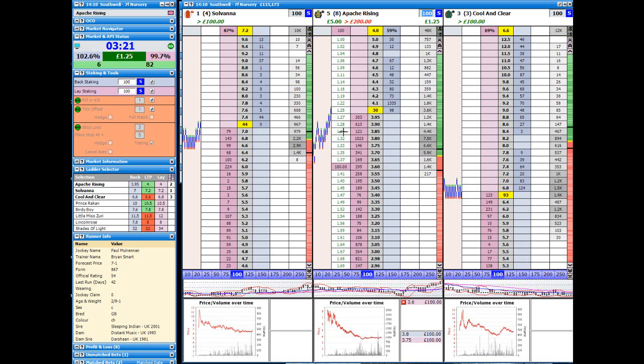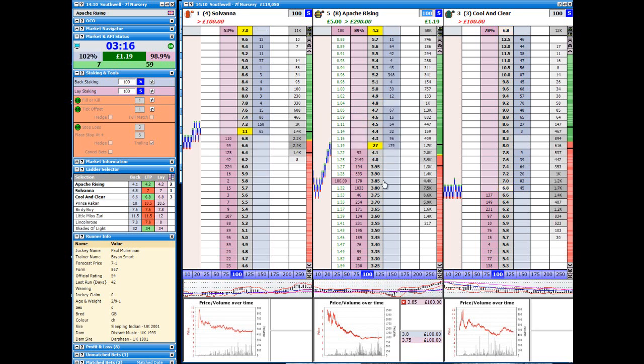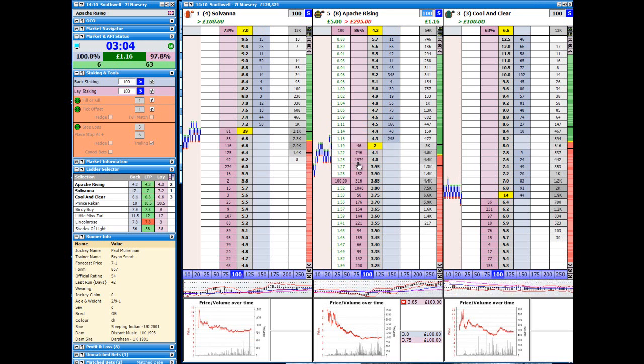Now here unfortunately I've missed the swing. See there at 4.0 there's £2,000, which is holding that price. It looks as though that figure, 1,700, 1,600, is genuine.